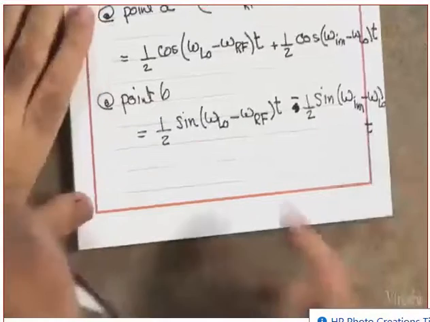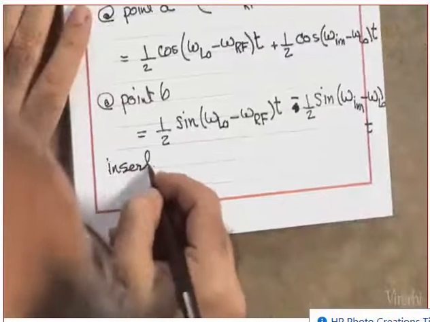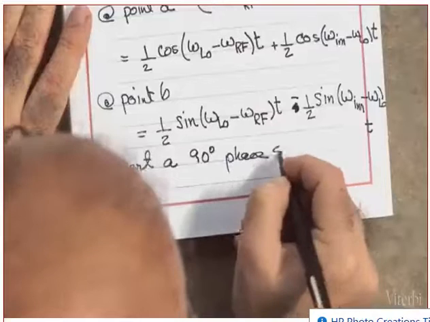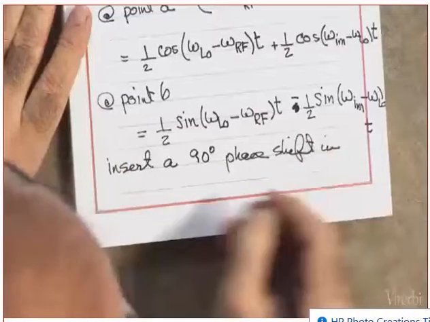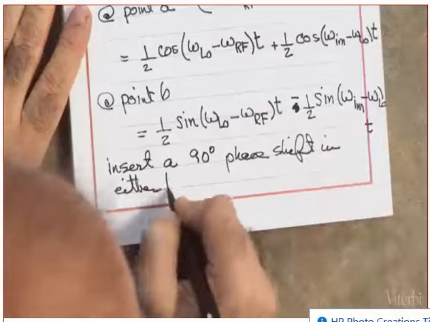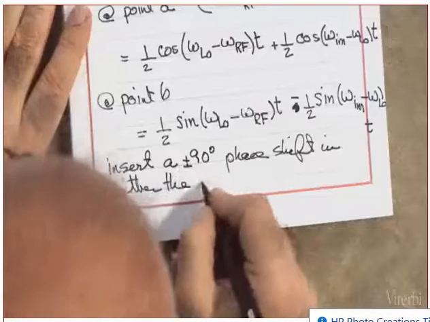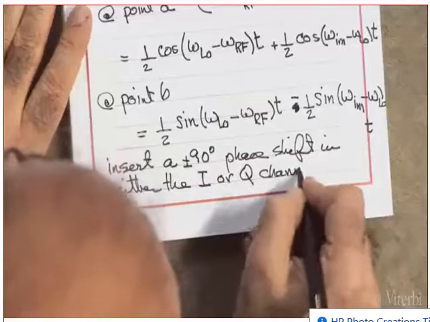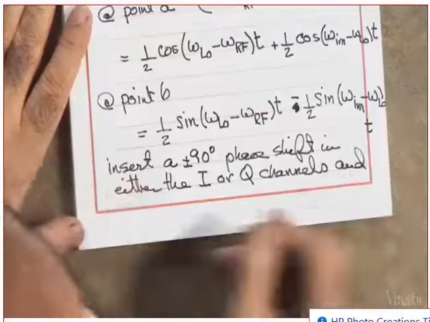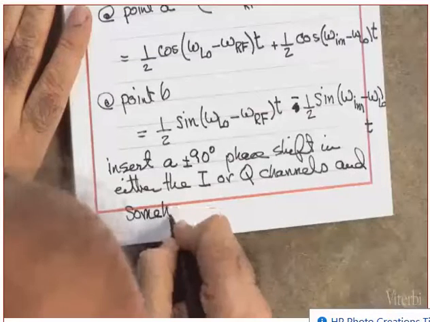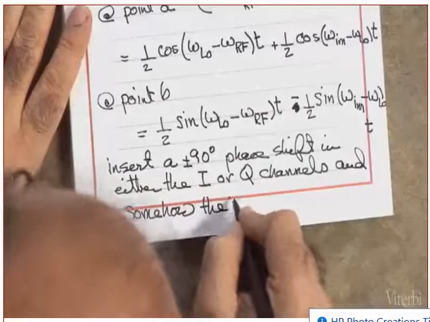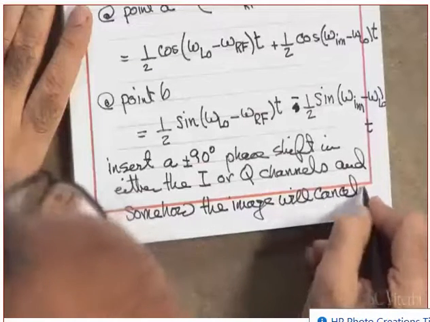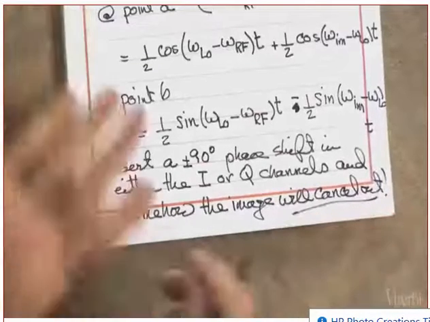So, insert the 90-degree phase shift in either the I plus or minus I or the Q channels, and somehow you check it with trigonometry, somehow the image will cancel out.